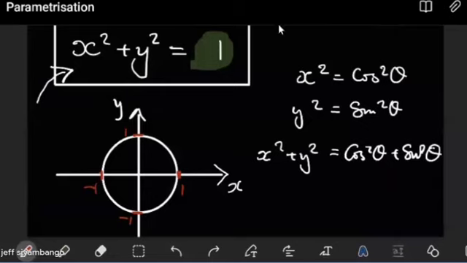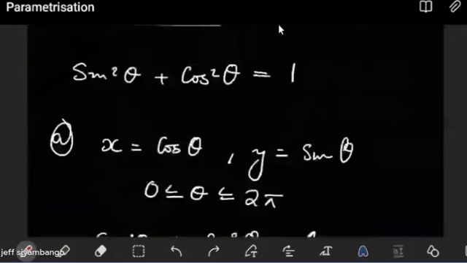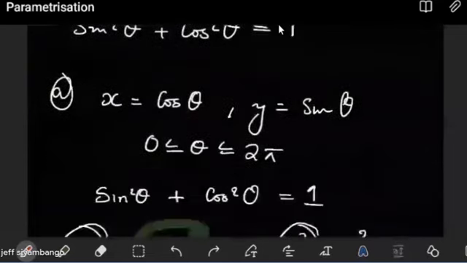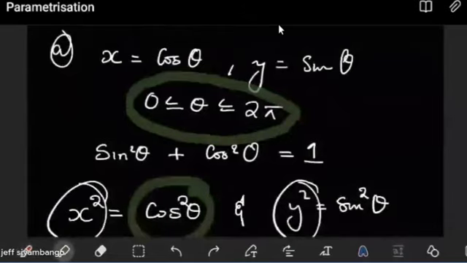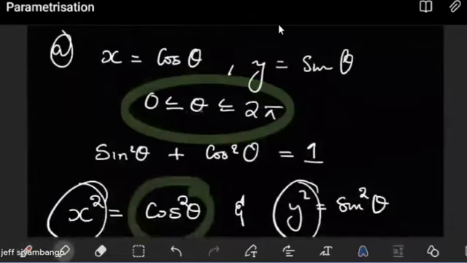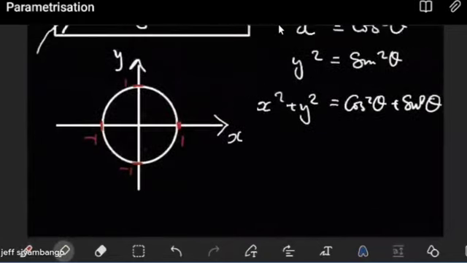Any questions so far? And the key thing here is, when you look at this range, they're saying 0 less or equal to theta less or equal to 2 pi. So here our theta is an angle. If I drew my radius here, it's an angle from here up to there. This is our theta.